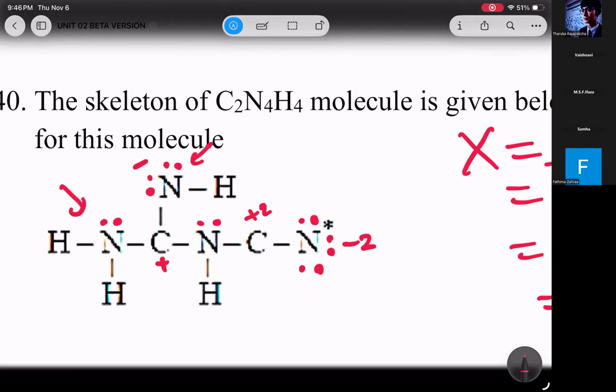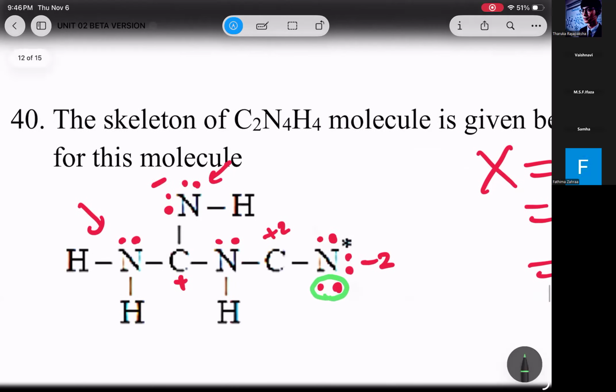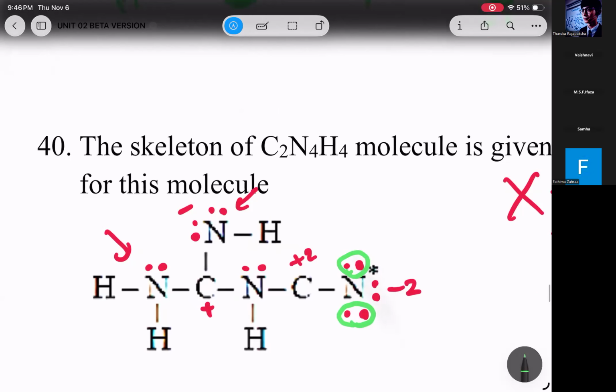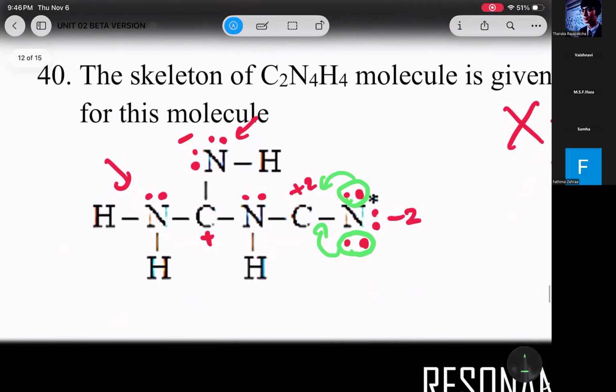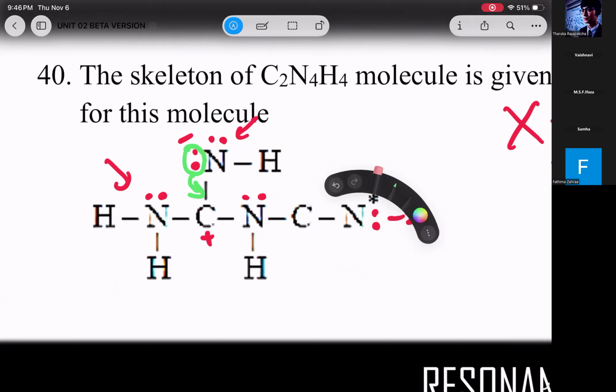Now we can do some adjustments to this. First of all, we can form 2 bonds with this nitrogen towards the carbon. Let me try that again. I can make a bond with these 2 electrons to the inside. That's all. When you do that, you will get the restructure. Look carefully. You put the double bond.